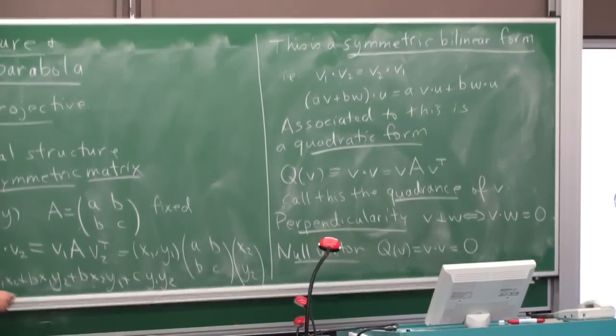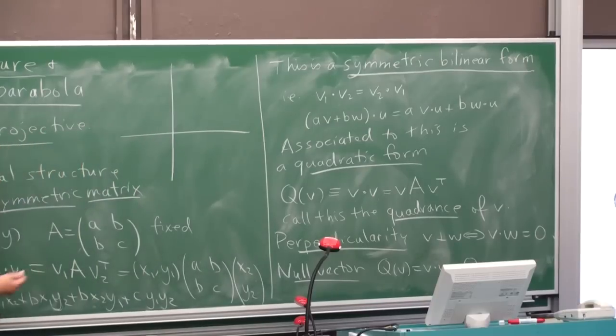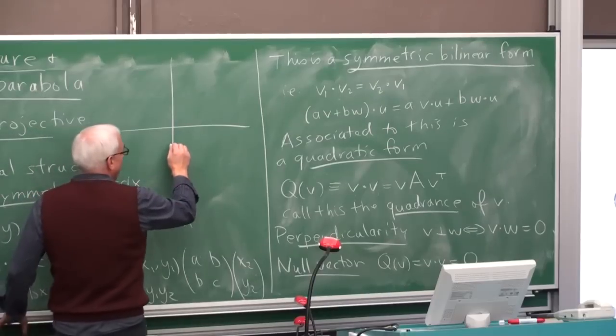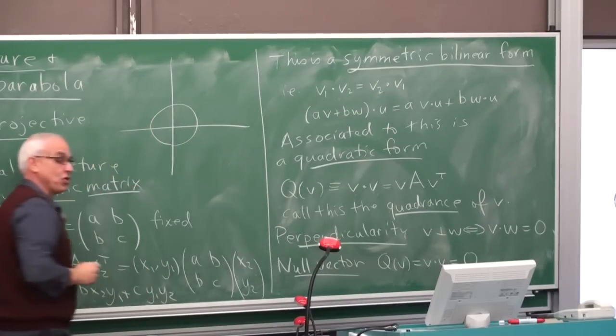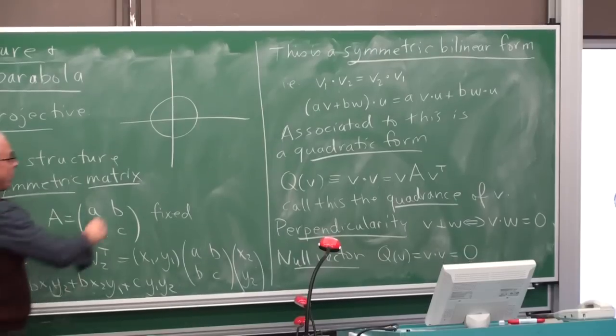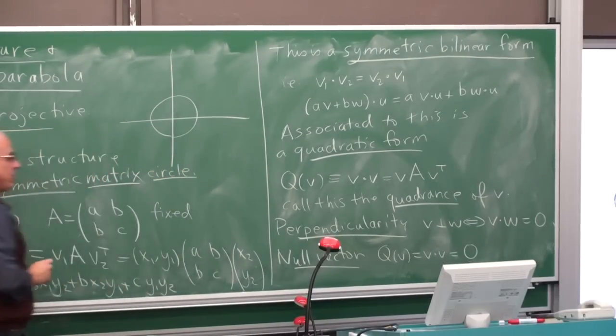There's also a sort of geometrical object that's natural to define. So we can talk about something like a circle. That's also a metrical structure. So a circle is defined by an equation.